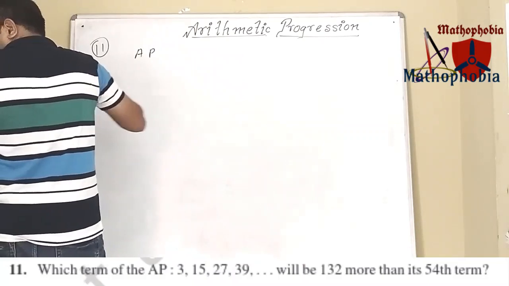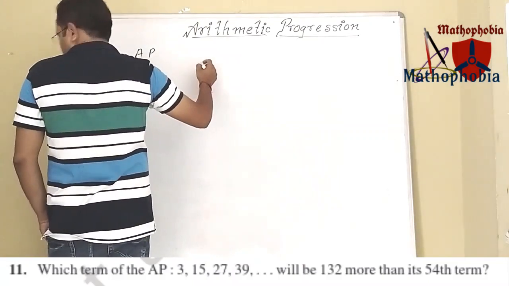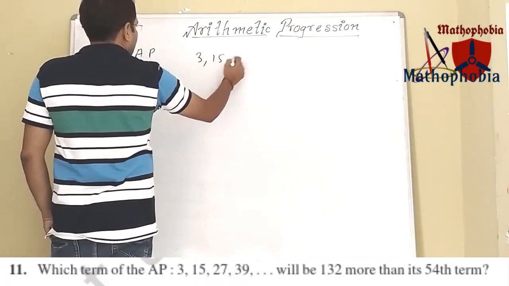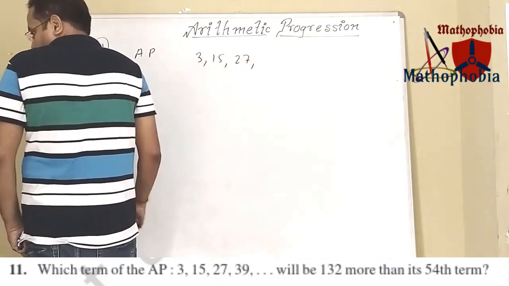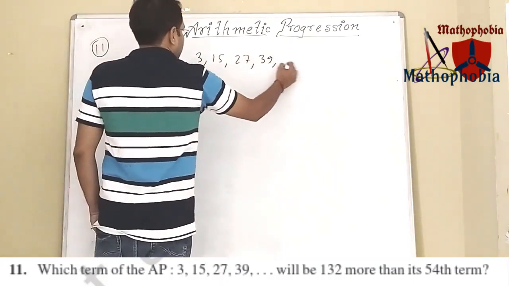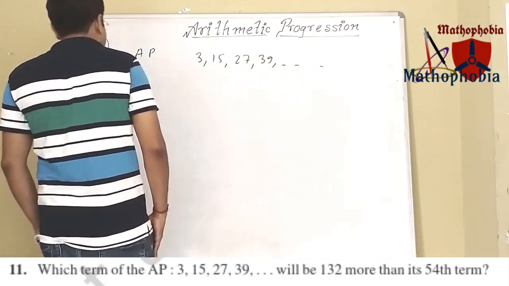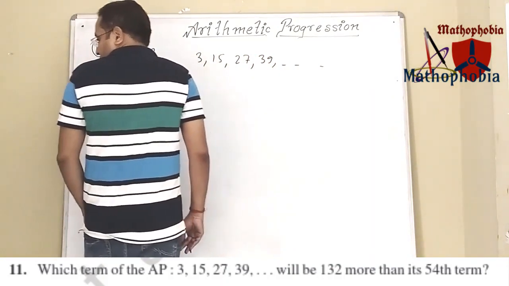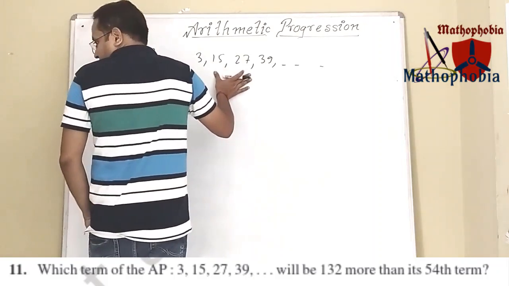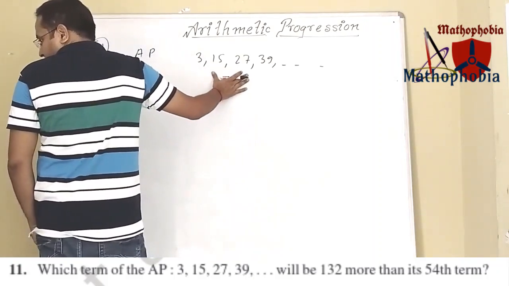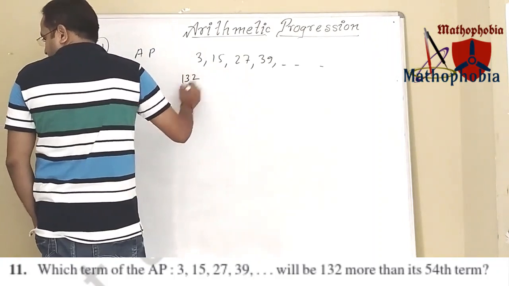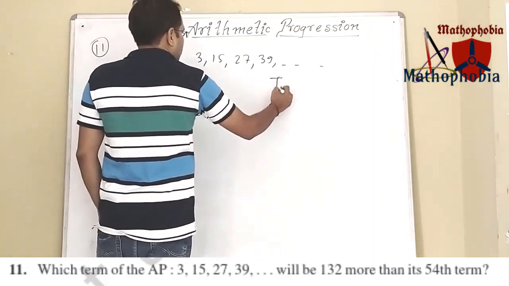The AP is given: 3, 15, 27, 39. Which term of this AP will be 132 more than its 54th term?